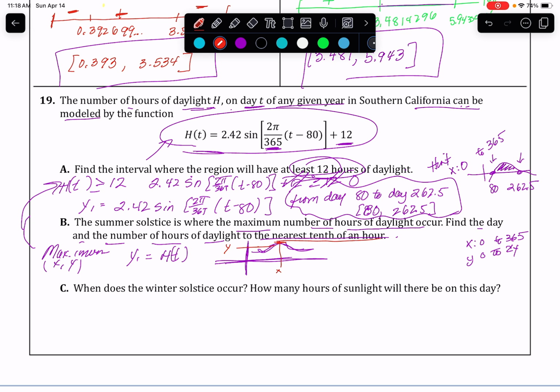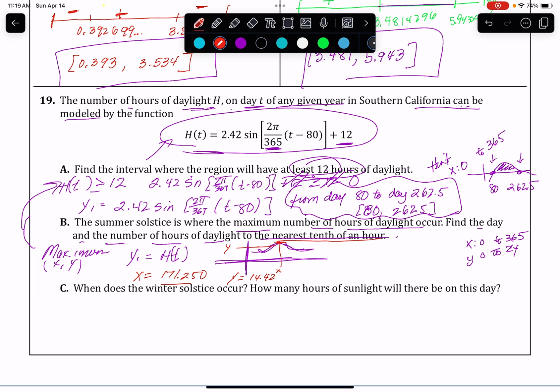So if you go pull that max, the max occurs at x equals 171.250. So day 171.250. So it has to occur in day 172. And then the number of hours would be y, which is 14.42.